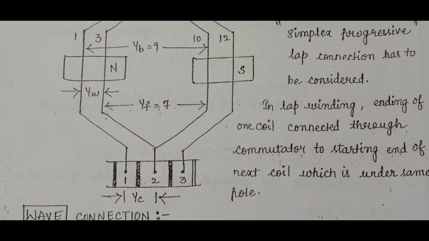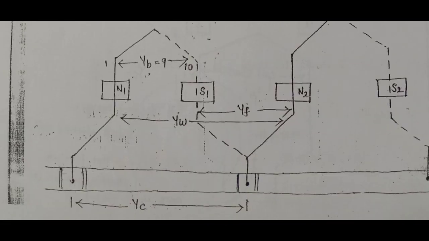It is under the same kind of pole, but it is an adjacent pole, it is not N1, it is N2. Then it is called wave connection.